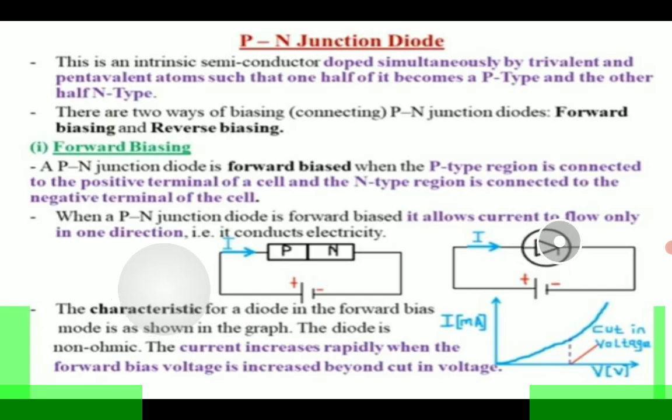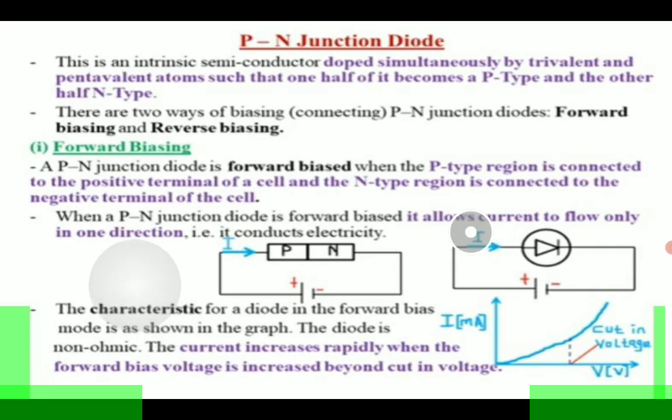So this end here is the N end, the negative end, the cathode end, the cathodic terminal of the diode, which is connected to the negative end of the cell. The other end is the anodic or anode end, which is the P end and is connected to the positive terminal of the cell.